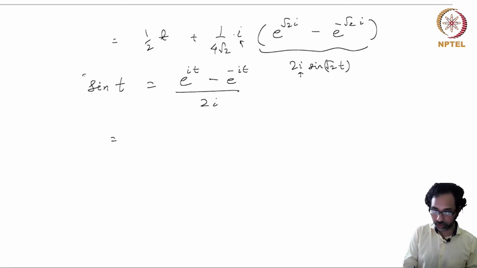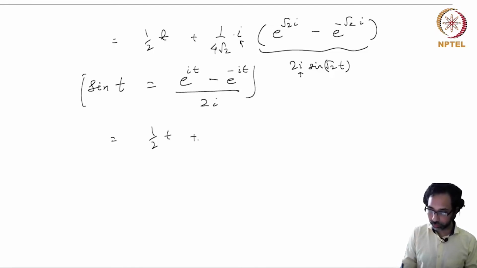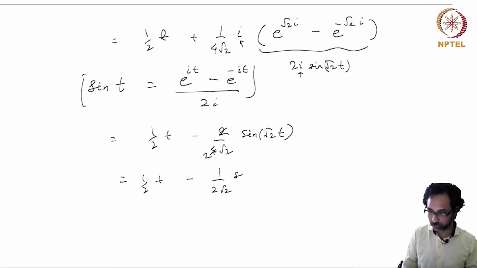So in the end, using this formula, you get half t minus 2 by 4 root 2 times sine of root 2 t, and so this is half t minus sine of root 2 t over 2 root 2.